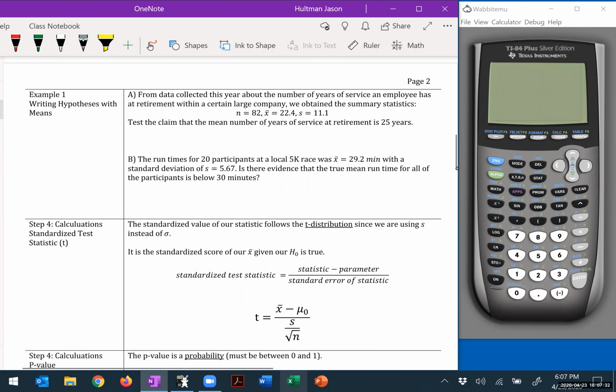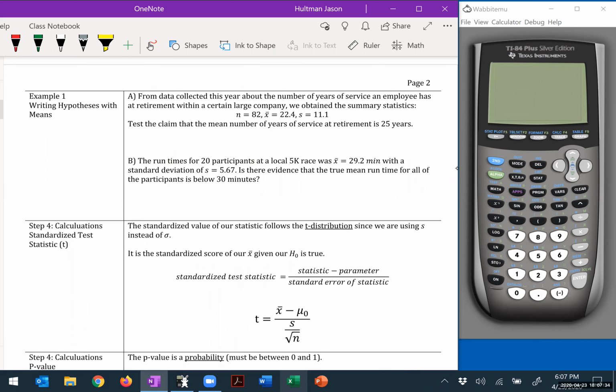Example 1. From the data collected this year about the number of years of service an employee has at retirement within a certain large company, we obtained the summary statistics. N is the number of people that were interviewed, X bar was the average number of years that they were at the company, and the sample standard deviation was 11.1.